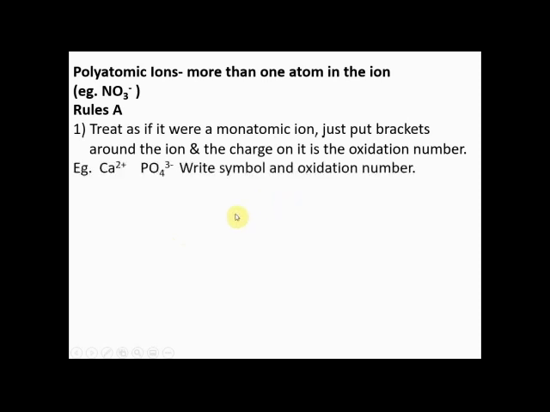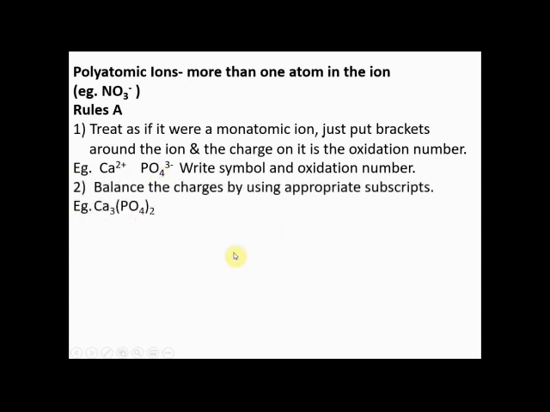When you need more than one of the polyatomic ion, you put brackets around it, and then subscripts outside the brackets. So for example, if I take calcium 2 plus ion and phosphate 3 minus ion, when I combine them, it becomes Ca3(PO4)2, and that would be calcium phosphate.